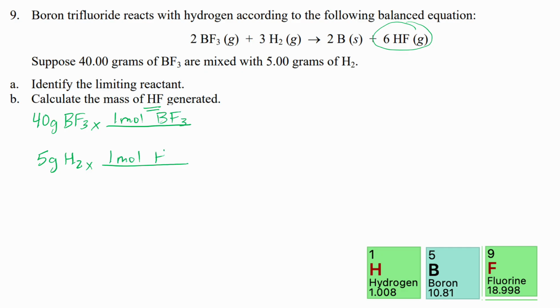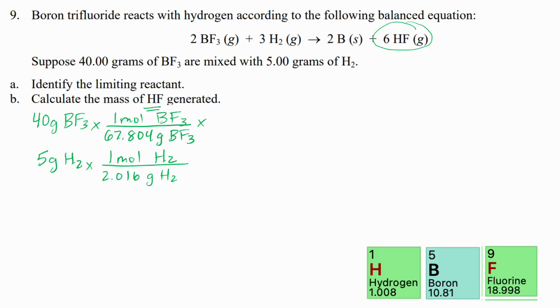For BF3, I have fluorine, which is 18.998 times 3, plus boron, which is 10.81. So that's going to give us 67.804 grams of BF3. And then for H2, it's going to be 1.008 times 2, which is 2.016.